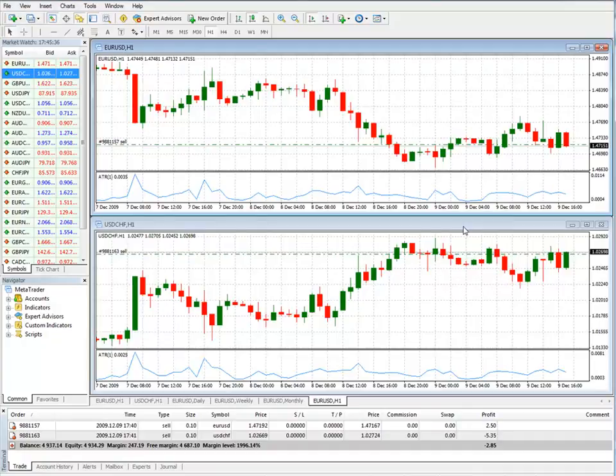If you're risking, say, 3% per trade, then you end up effectively risking 6% because you're effectively using two trades which are the same. So as the euro dollar, US dollar goes in one direction, the US dollar, Swiss franc goes in the other direction.